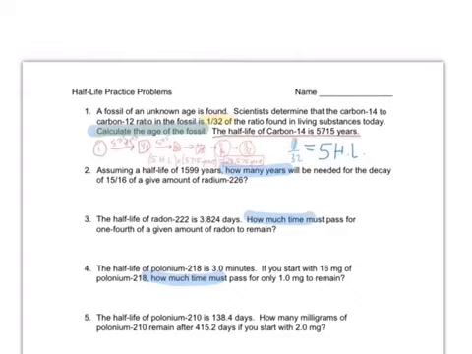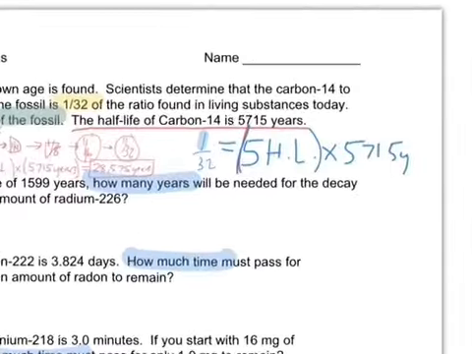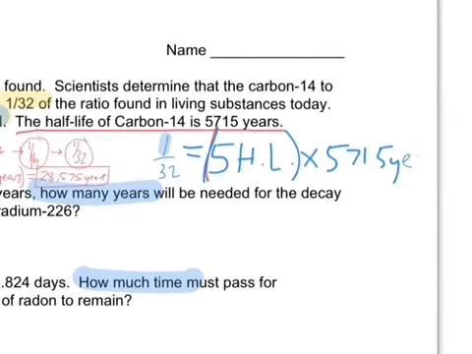I just need to multiply that by 5,715 years, which, oh, look at that, it's the same equation I already wrote when I drew it out. I'm still going to get the same answer of 28,575 years. So what I want you to do now is try number 2, and then we'll go over that one.